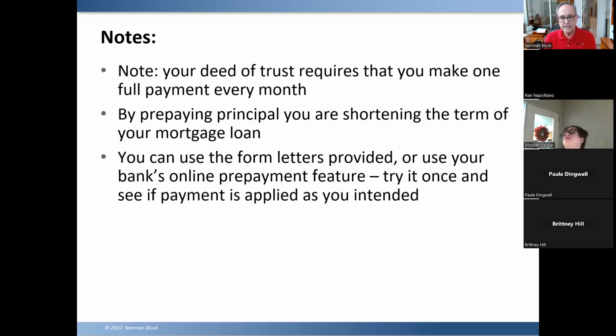You could create an easy template in Word that you use every month. Or if you use the online bank's payment feature, try it and make sure that the money gets applied correctly as you intended, and still keep a payment record in case they do make mistakes.